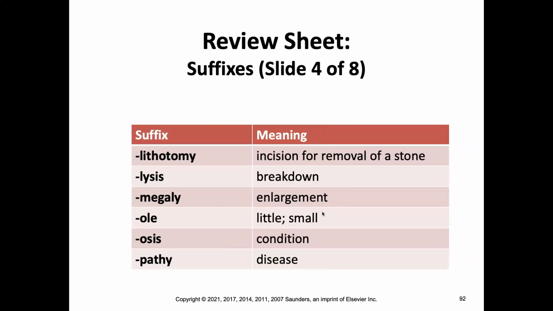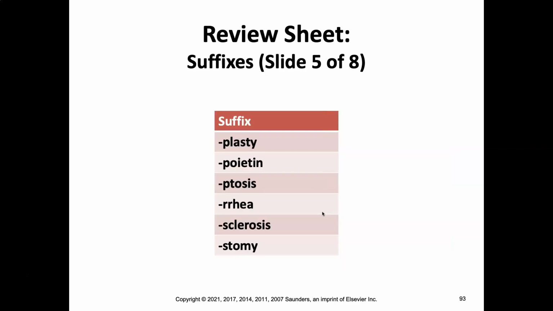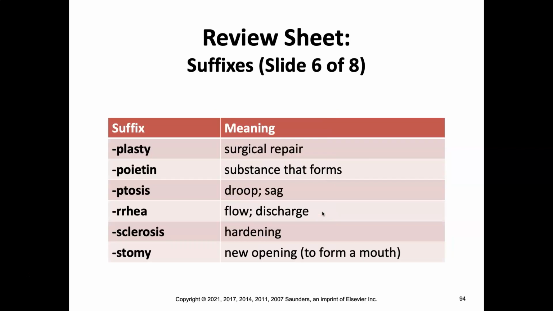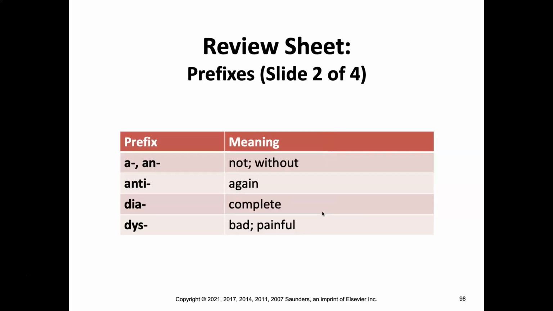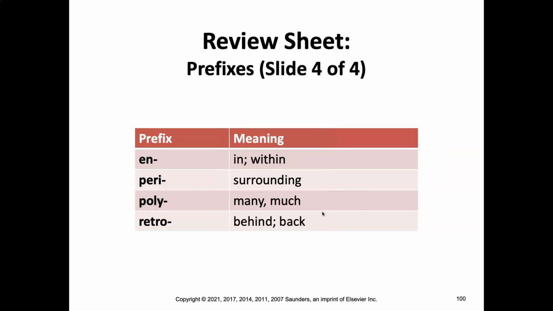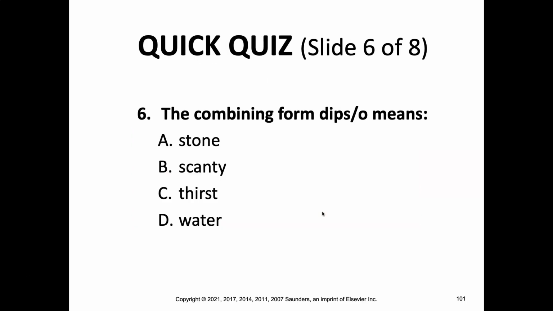Lithotomy, lysis, megaly, ol, osis, pathy, plasty, ptosis, rhea, sclerosis, stomy, tomy, trypsy, urea. Now some prefixes: an, anti, dia, dis, peri, poly, retro.